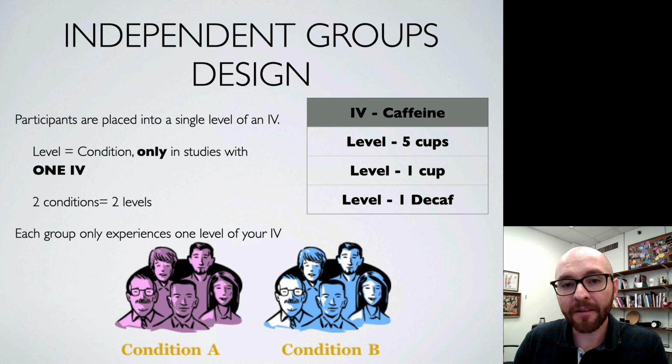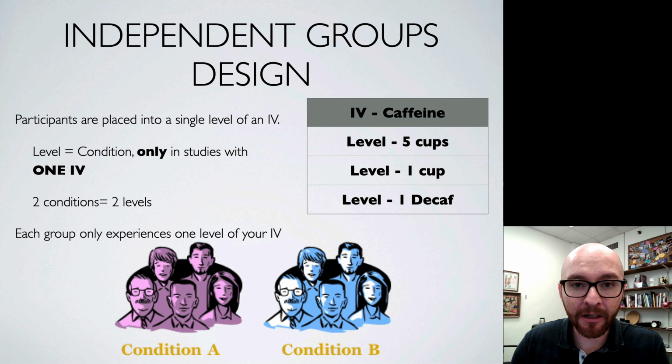On the right, I have caffeine. That's my IV. And I have level 1 being 5 cups of caffeine. Another level, let's call it level 2, 1 cup. And then decaf for a third level. So I have an IV with 3 levels: 5 cups, 1 cup, or decaf.